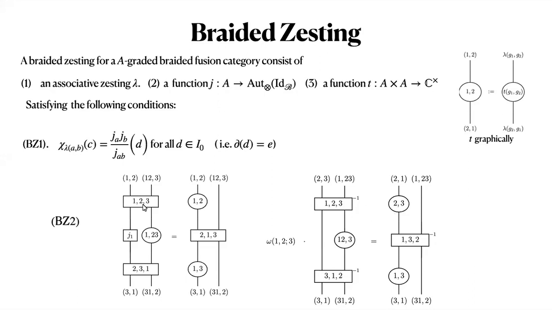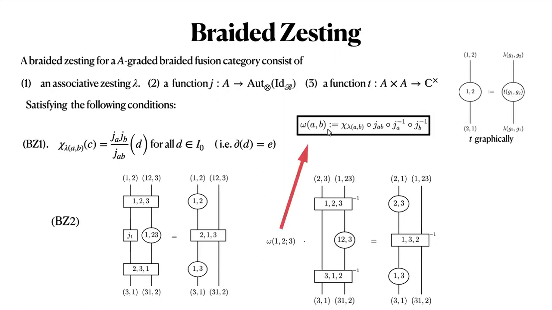Here, this box represents the lambda, the three-cochain of the associative zesting. This J represents this automorphism of the identity. This represents this T. And this omega is an abbreviation for some combination of this lambda, this chi evaluated in this invertible object, and some mix with this J.